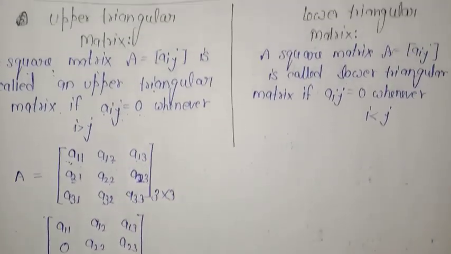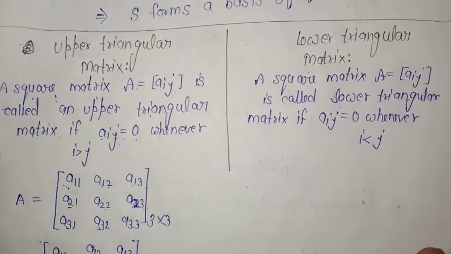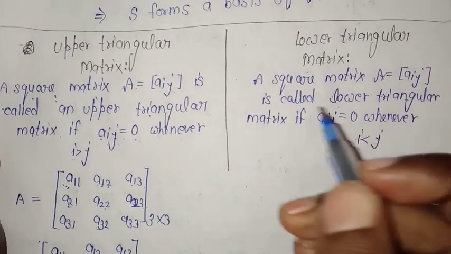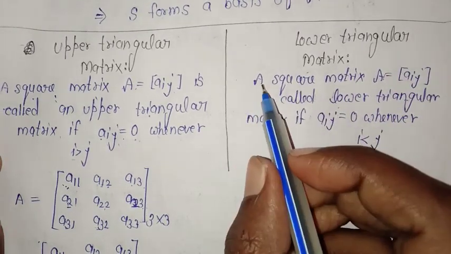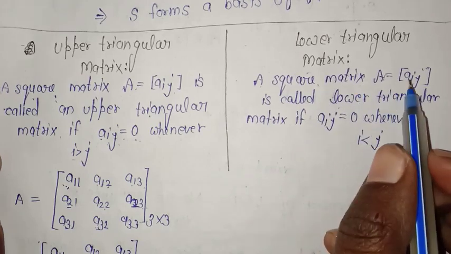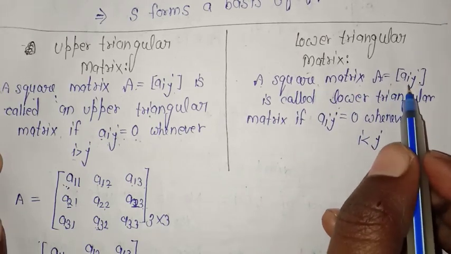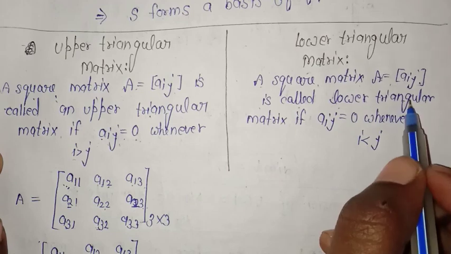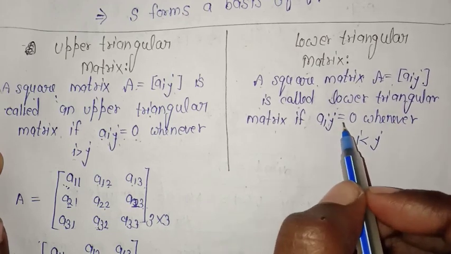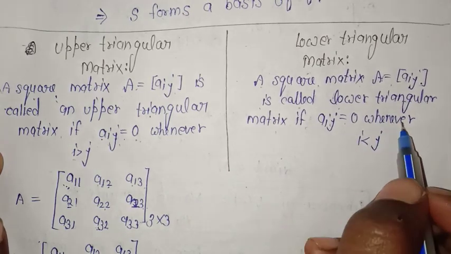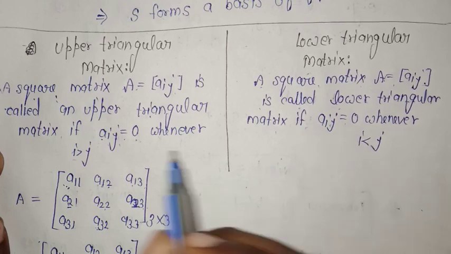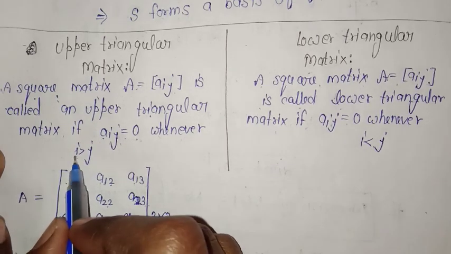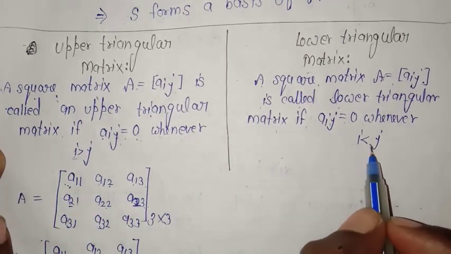Now, the definition of lower triangular matrix is just the reverse of upper triangular. A square matrix A equal Aij, again a square matrix, is called a lower triangular matrix if Aij equals 0 whenever i is less than j. Earlier we took i greater than j, this time we take i less than j.